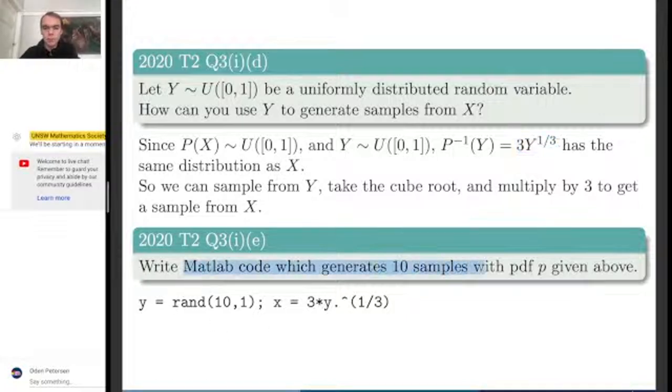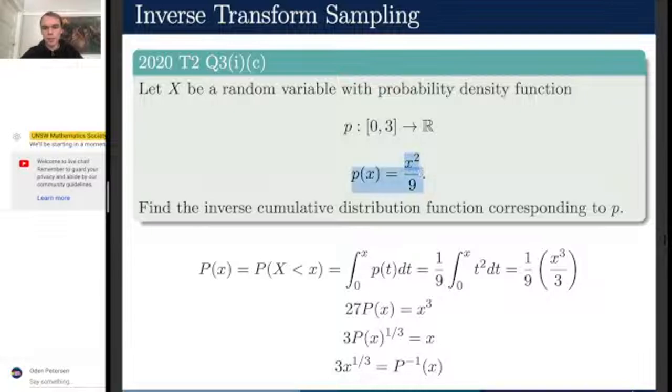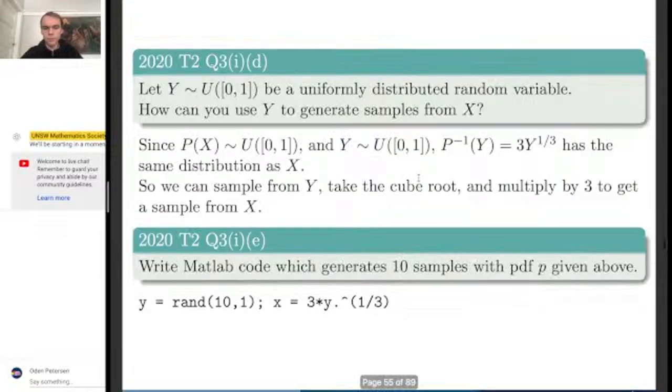So in MATLAB, the way to do that is we can generate these 10 uniform samples and apply the inverse CDF, and then this x should follow the distribution that we wanted, which is this x squared over 9 distribution.